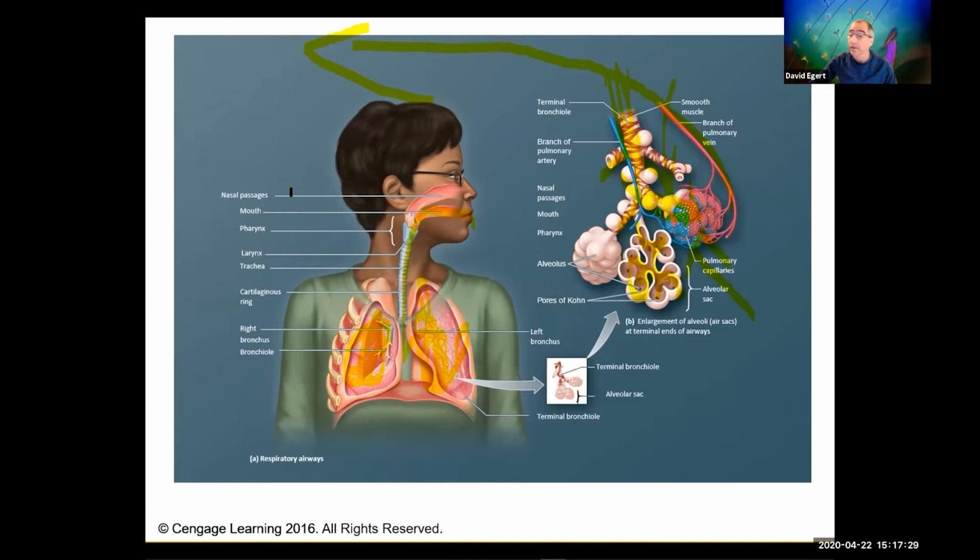We also kind of talked about just the basic anatomy, ways that you kind of deal with dust that you're breathing in. I'm going to draw big nose hairs on here. You know, there's nose hairs, the vibrissae, that are kind of just blocking out big dust as you're breathing it in.